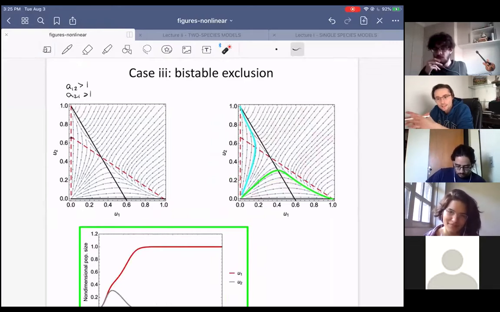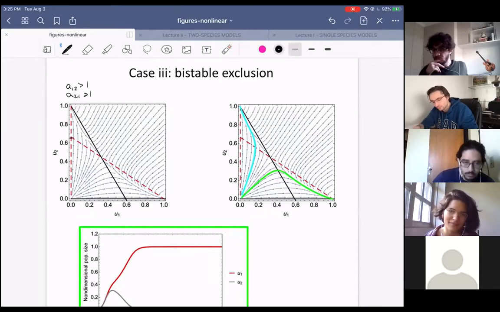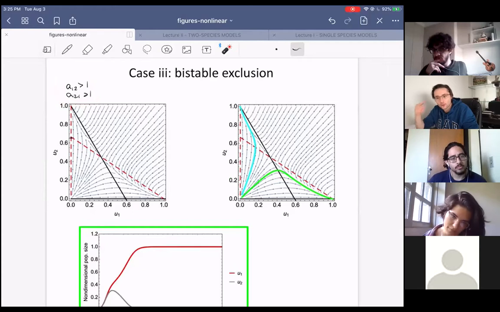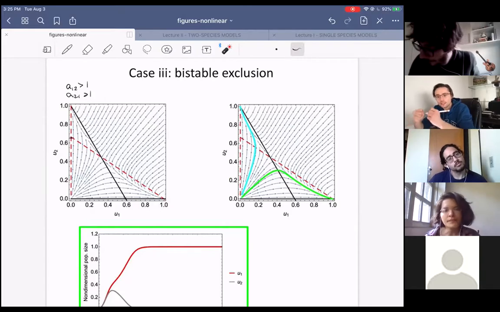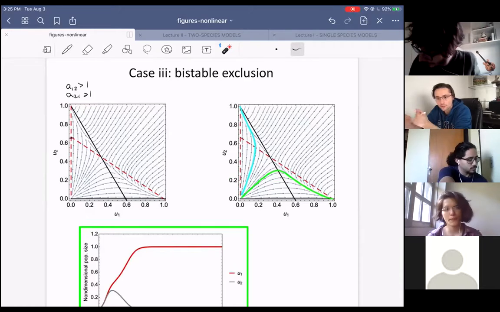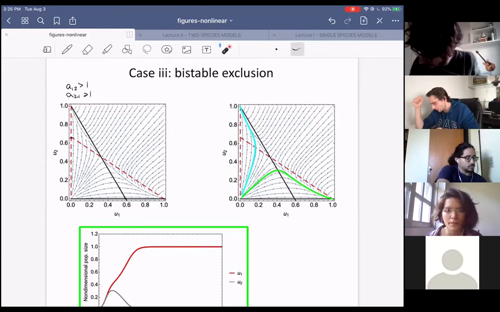Which makes sense, because if both species inhibit the growth of their partner more strongly than they inhibit their own growth, depending on the initial condition, I will end up with exclusion of one or the exclusion of the other, depending on how many cells of each type I have.